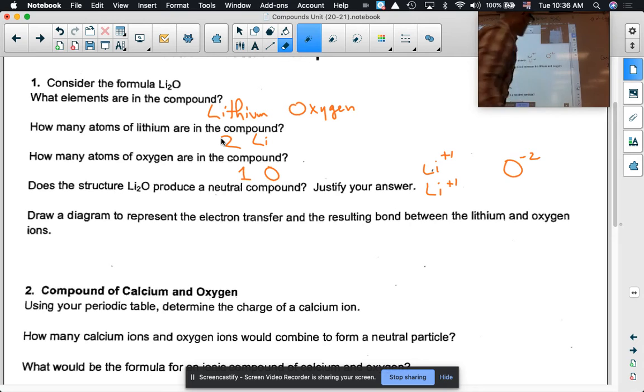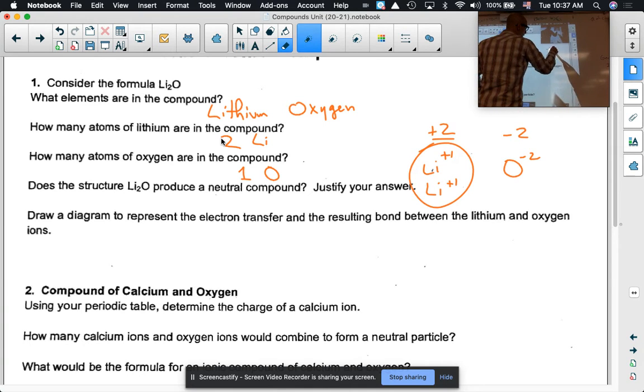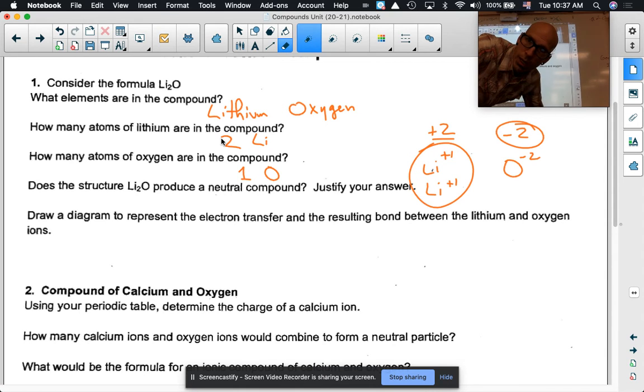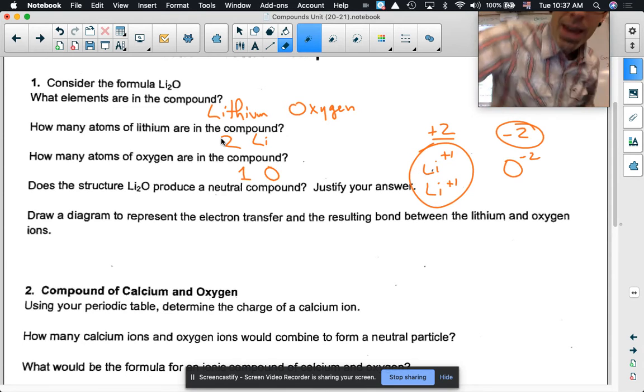So now, can these 2 +1s, which would be a total of +2, can that cancel a -2 that you have over here from oxygen? Can a +2 cancel a -2 and make neutral? The answer is yes. Now remember, they got this way.